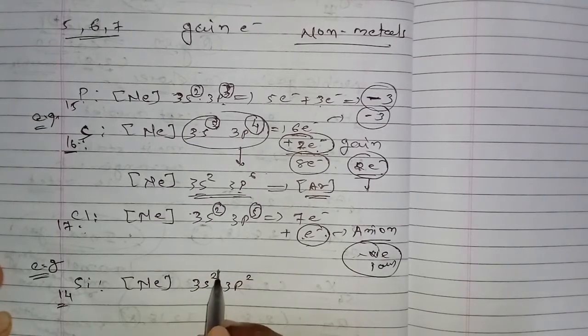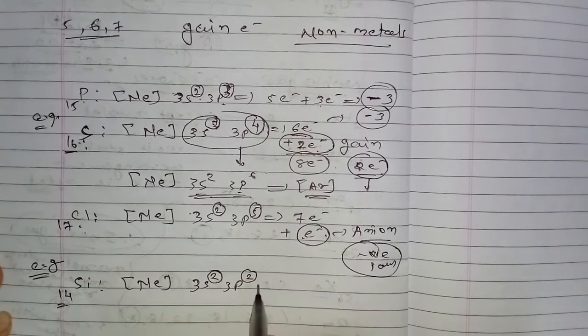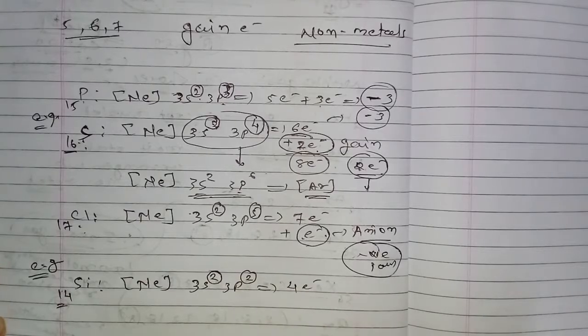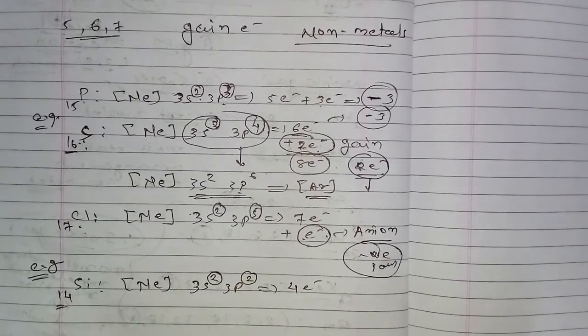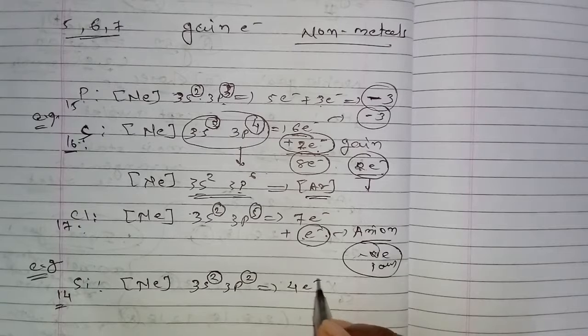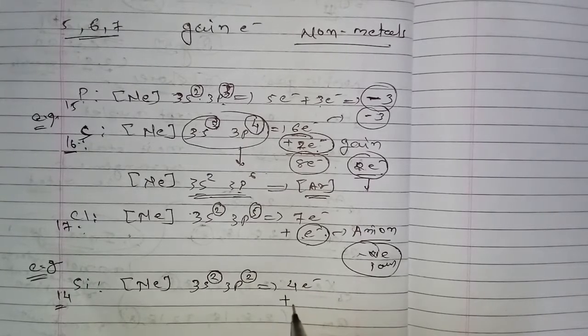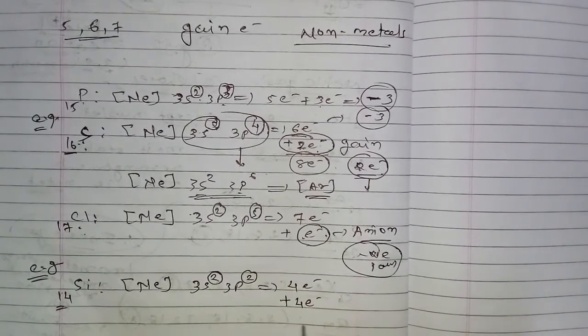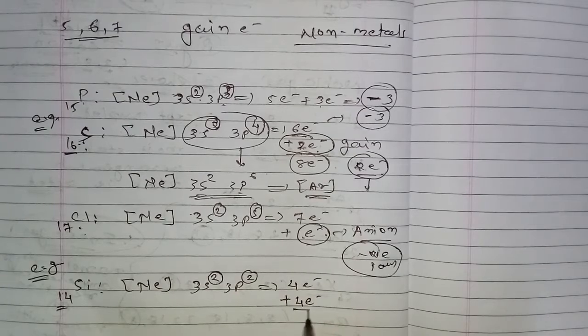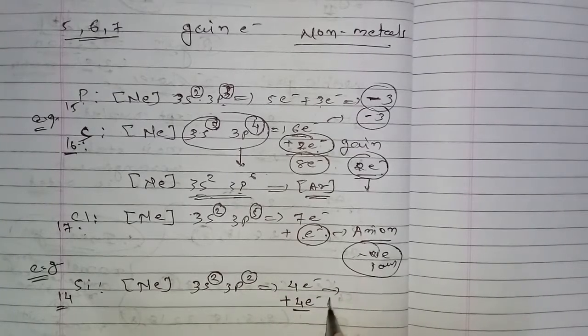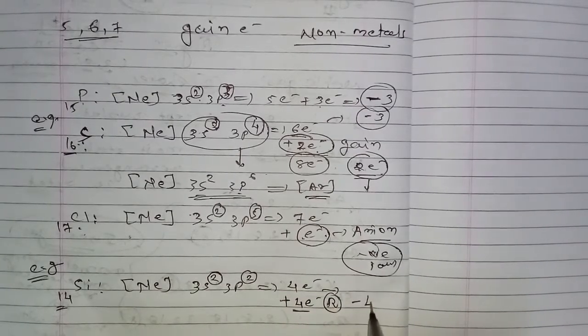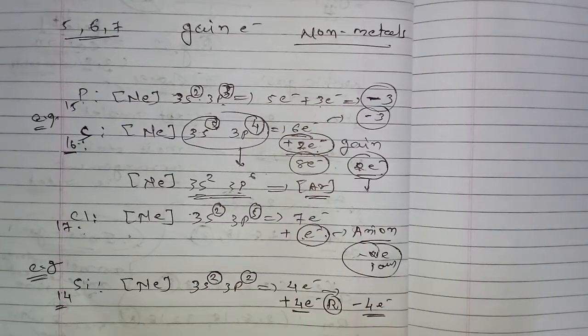Now in the outermost shell there are 4 electrons. To complete its octet, either it gains 4 electrons or it loses 4 electrons.